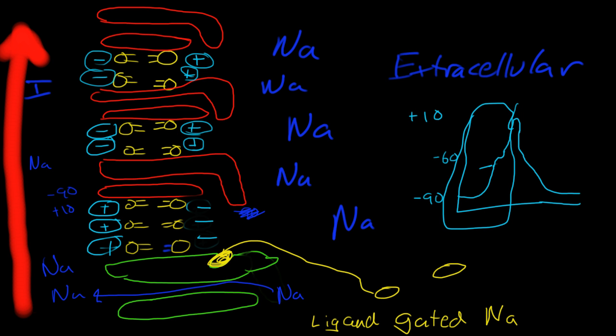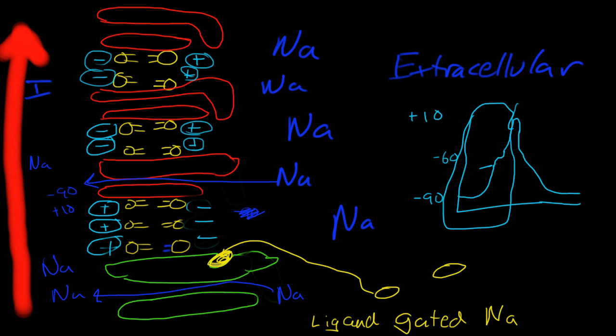And when it senses that change in polarity, it changes the conformation of the gate, so it is no longer closed, and now it is an open pore, and the open pore allows sodium to enter.